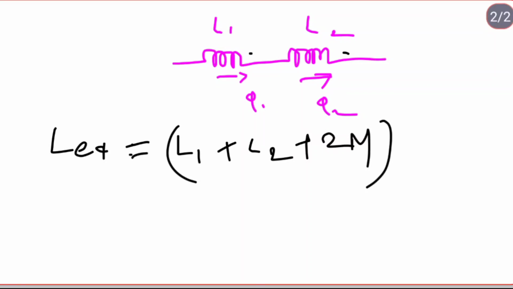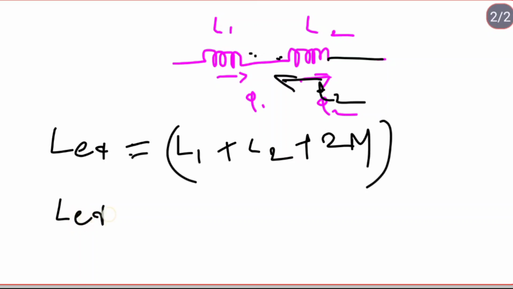Similarly, when two magnetic circuits with inductances L1 and L2 are magnetically coupled in series opposing, here we have to remember it is series opposing. When the two magnetic circuits are connected in series opposing, the flux in this coil phi 2 opposes this.